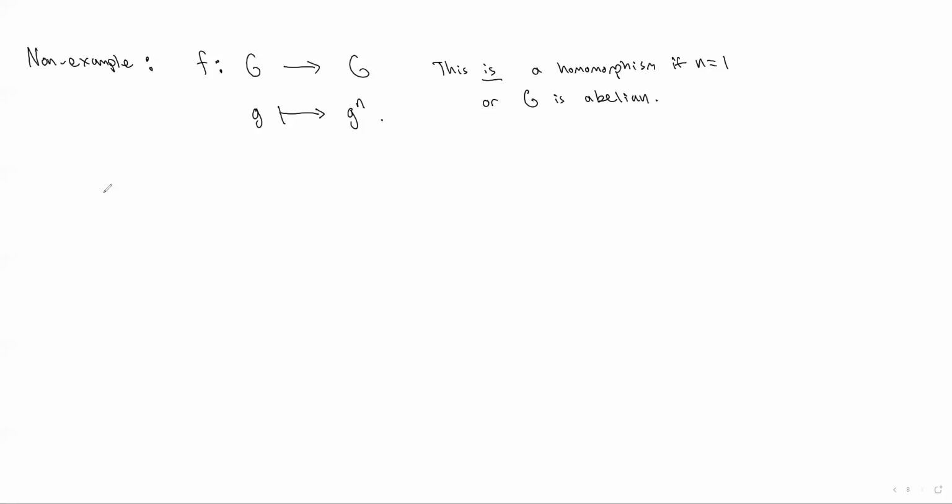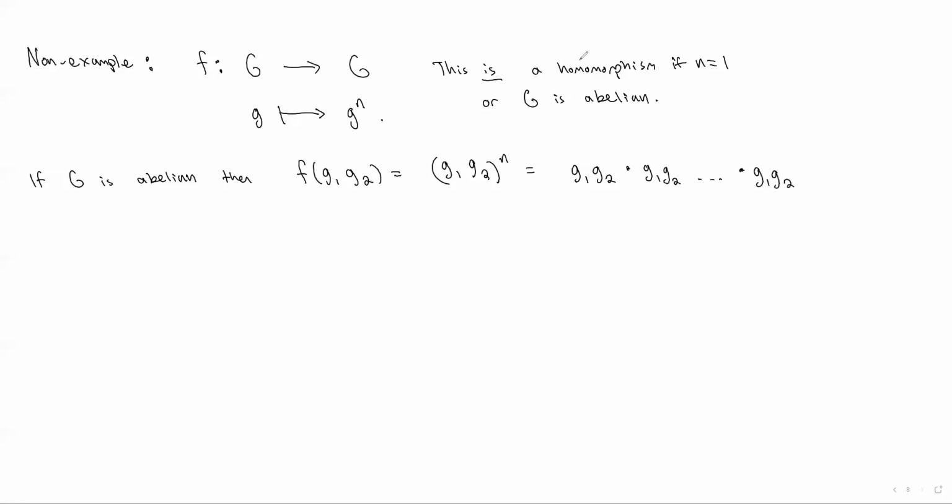Right? Because if G is abelian, then f of g1 g2 equals (g1 times g2) to the n, which is g1 g2 times g1 g2, and you repeat it n times. That's always what power means.